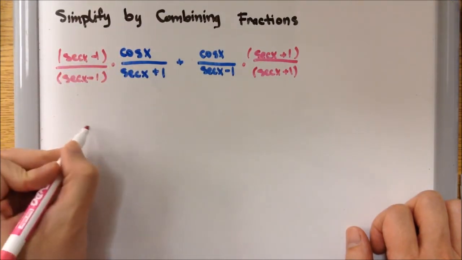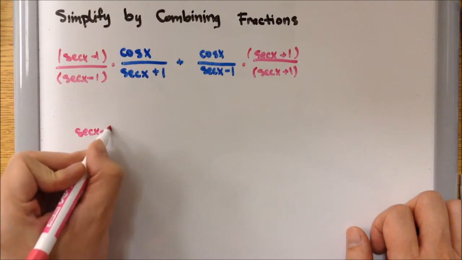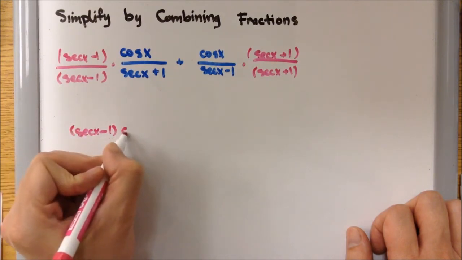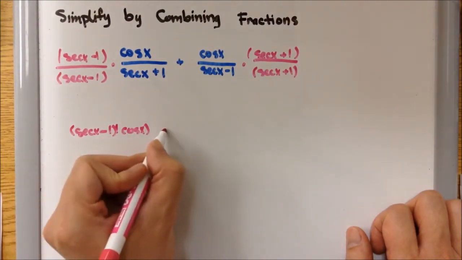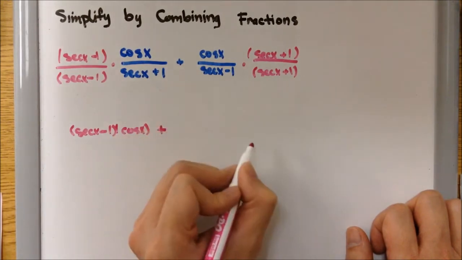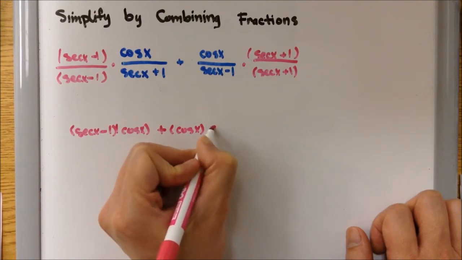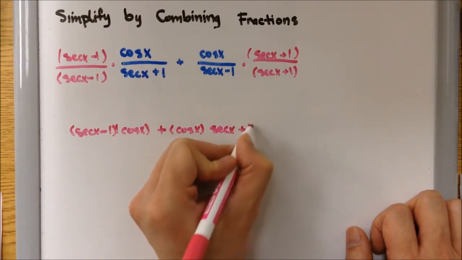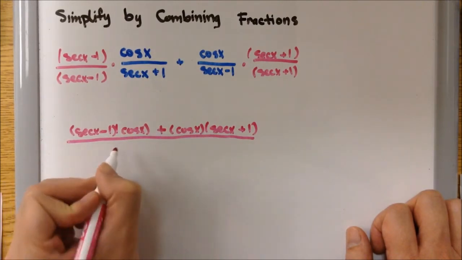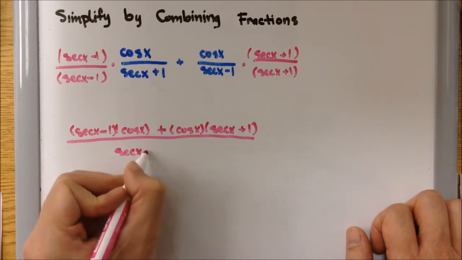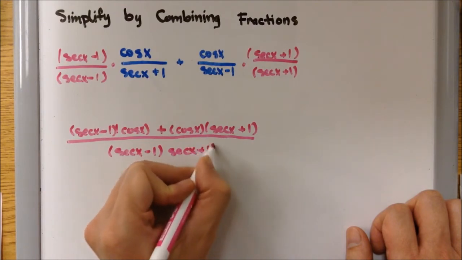So I'm going to put in parentheses secant of x minus 1 times cosine of x, and then I'm going to write plus, because since they have the same denominator, I'm going to write it as one big fraction. So cosine of x times secant of x plus 1, the whole thing over secant of x minus 1 times secant of x plus 1.